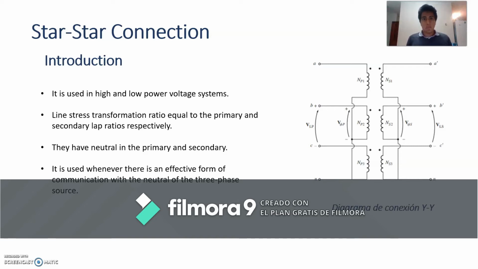These transformers are very effective because there is no gap between the respective primary and secondary voltages. Besides this, these transformers have a neutral in the primary and the secondary as a safety measure.